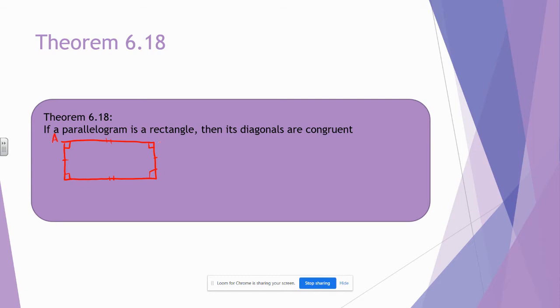So if we call this A, B, C, D, and we create our diagonals right there, then we know that AC is congruent to BD. So the length of those diagonals is the same.